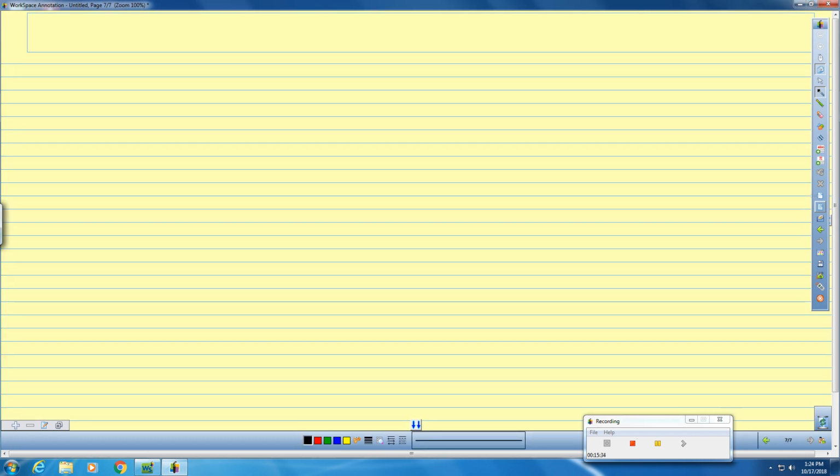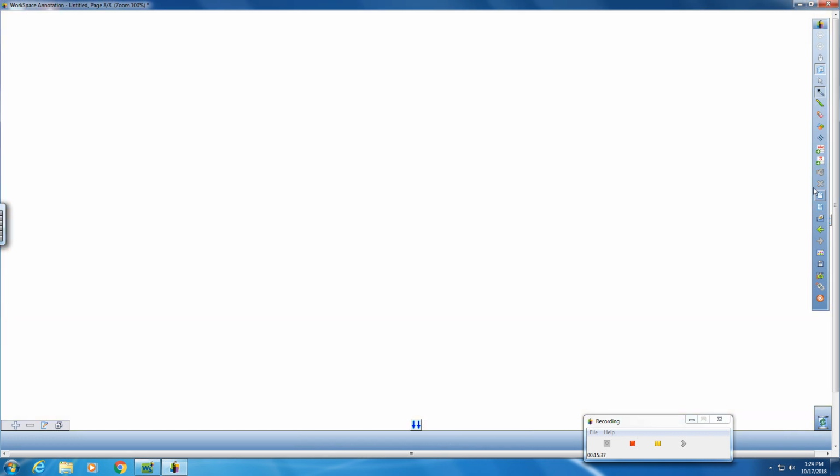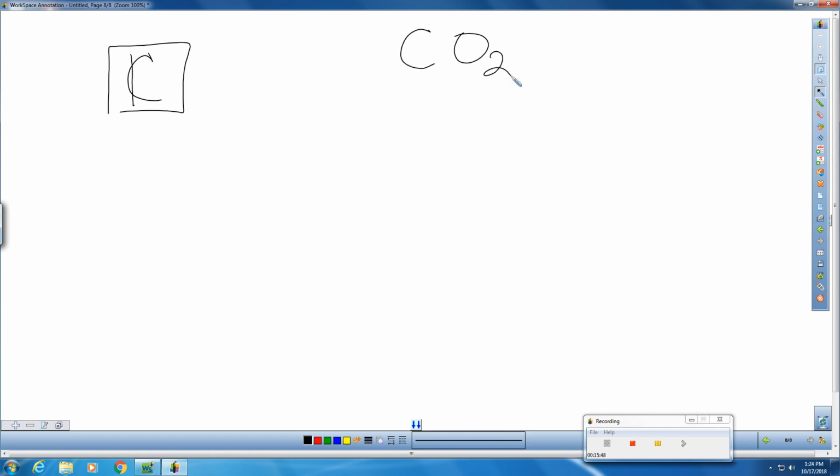The last thing about covalent bonding is the first letter, if it is by itself. So if we had CO2, which is carbon dioxide, we do not add a prefix. We would not say this is monocarbon dioxide. It is just carbon dioxide.